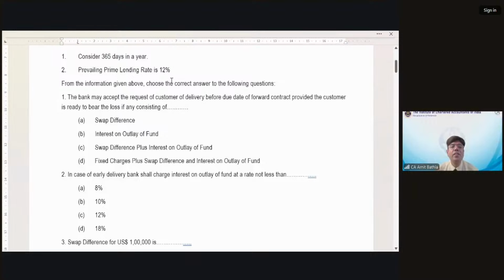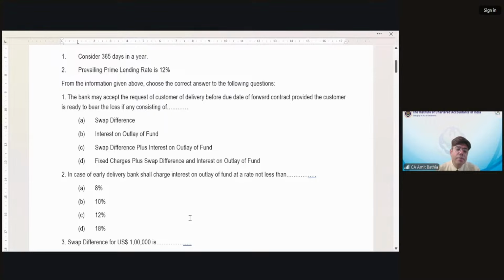You are told interest is at the rate of 12%, so for the year 12%, which means you'll have to bear that 1 month of interest on outlay of fund. Next question: in case of early delivery, bank shall charge interest on outlay of fund at a rate not less than 8%, 10%, 12%, 18%.